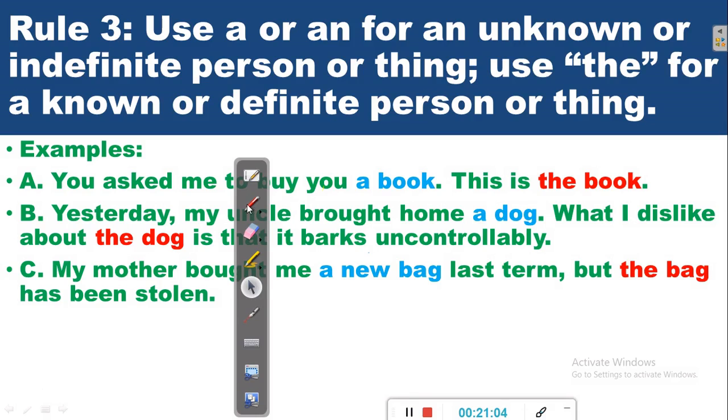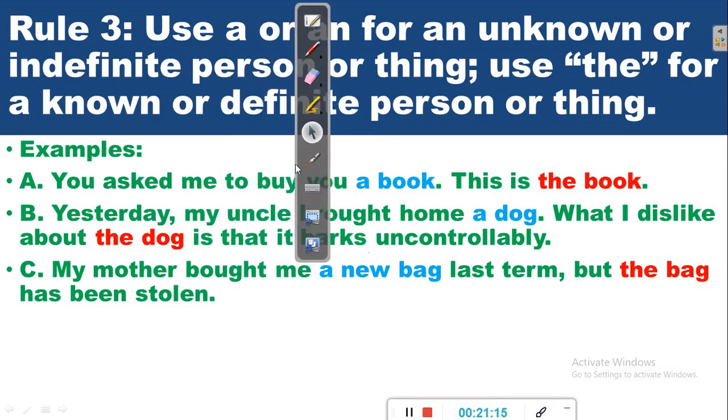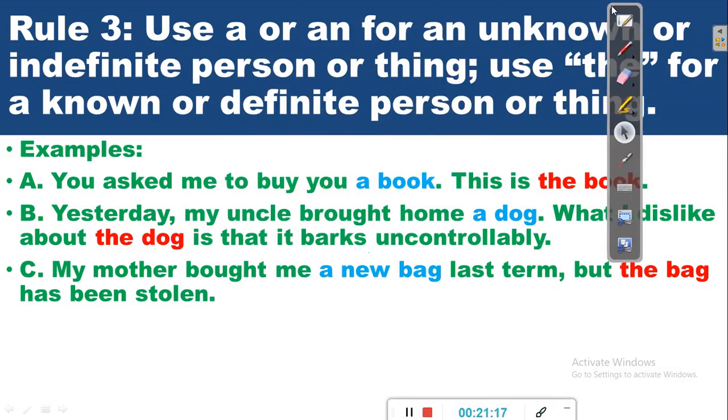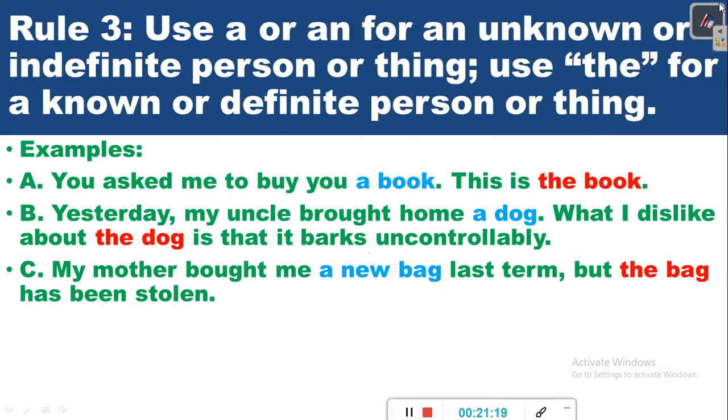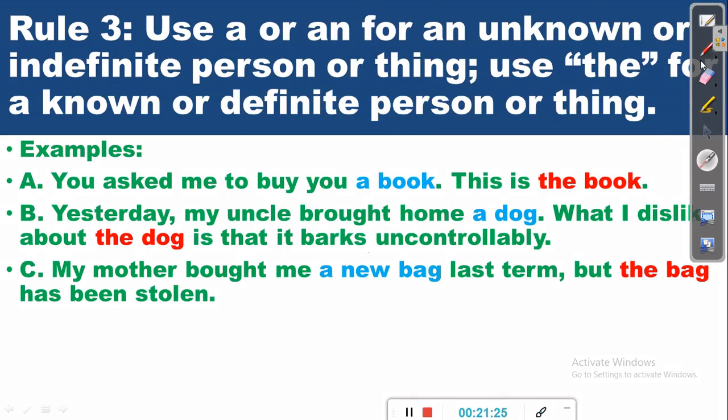In other words, when you are talking about something for the first time, you use the indefinite article. And once what you are talking about is already known to the listener, you can now use the definite article.